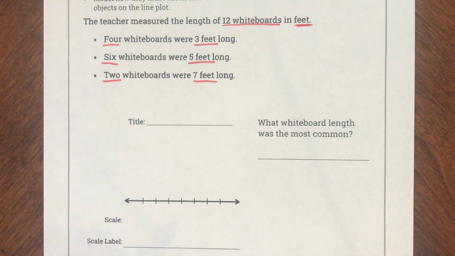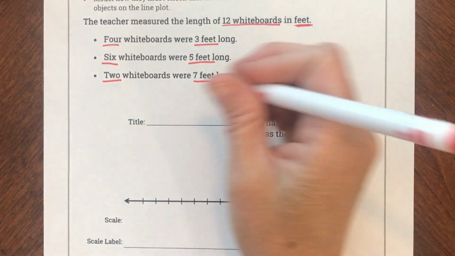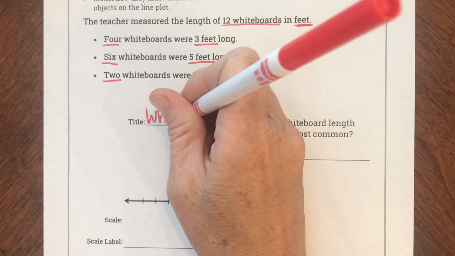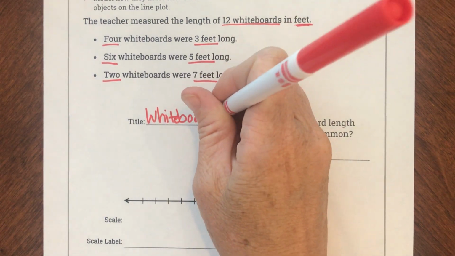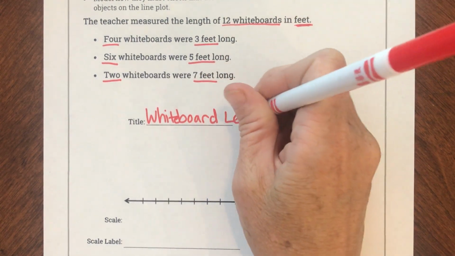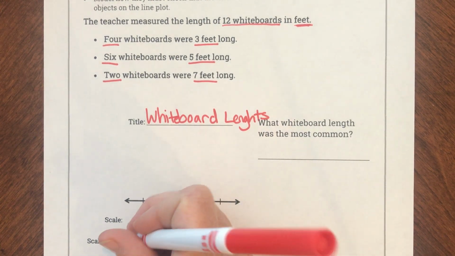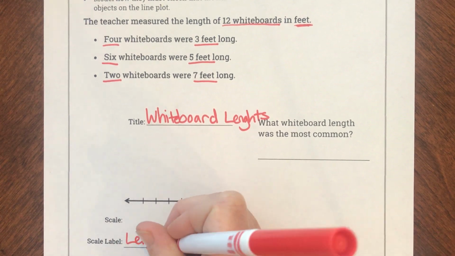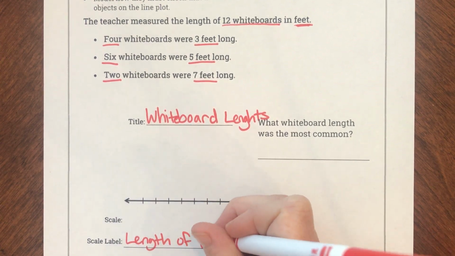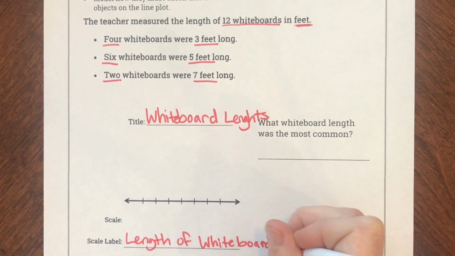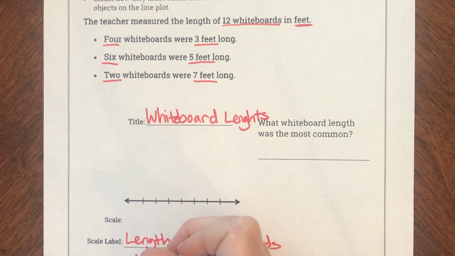Okay, so she wants my title. So what was she measuring? We could say whiteboard lengths. And her scale was in feet this time. So I could say length of whiteboards in feet.